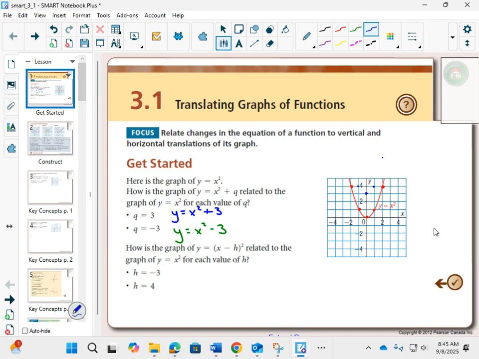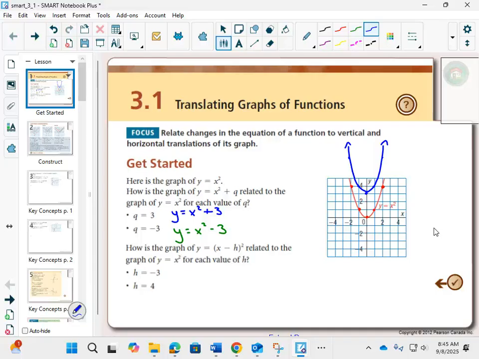So we can take those 5 points and draw it up 3. What's helpful about color coding it in your notes is that when I'm done with all 4 of these, this is going to be full of graphs. If you did it all in pencil, which is fine, it's going to be very busy.